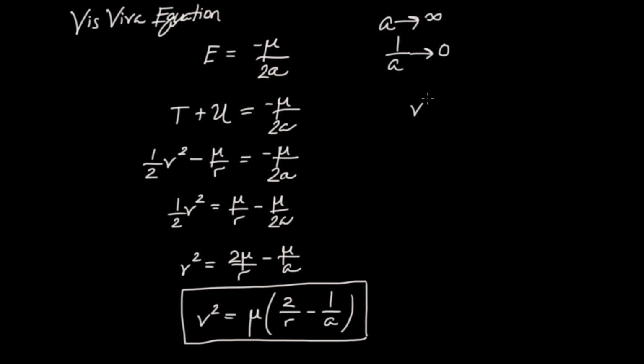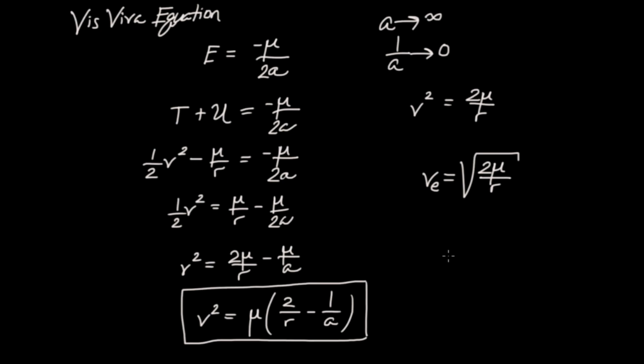And what you're going to be left with is simply v squared is equal to mu times 2 over r, so 2 mu over r. And just taking the square root of both sides, we have the escape velocity, which I'll write v sub e, is equal to the square root of 2 mu over r. Which is the same expression that you would get from a normal physics class where you consider the balance between kinetic and potential energies.